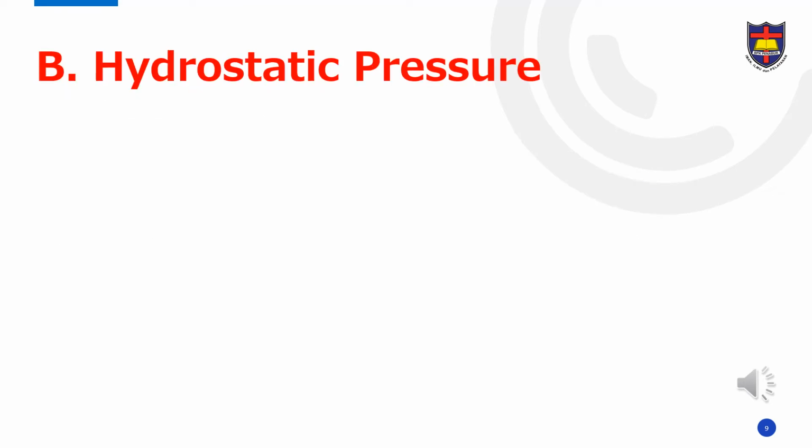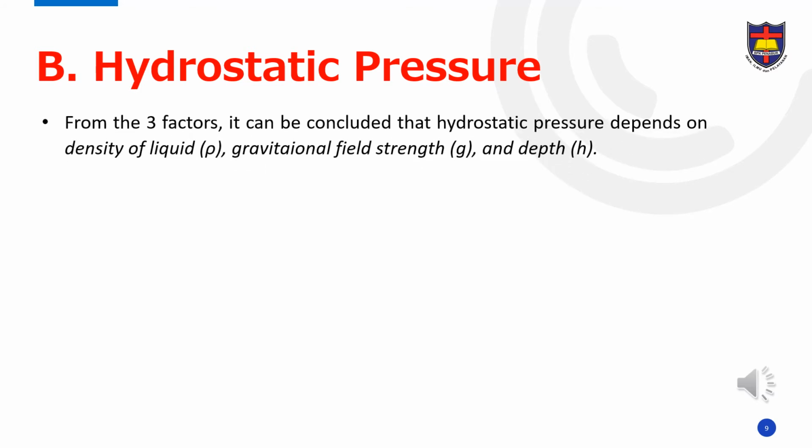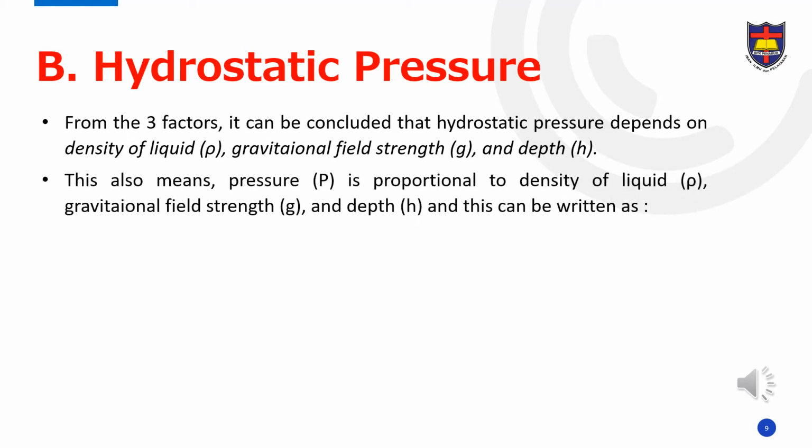Alright, from the three factors, it can be concluded that hydrostatic pressure depends on the density of liquid, gravitational field strength, and depth. This also means pressure is proportional to the density of liquid, gravitational field strength, and depth.